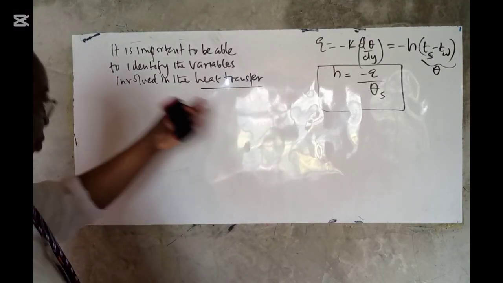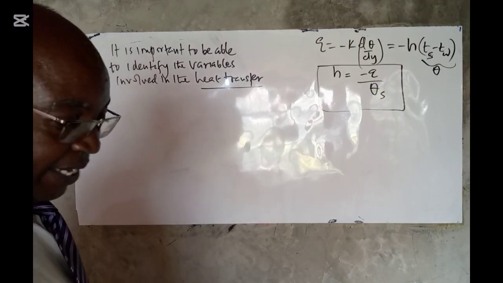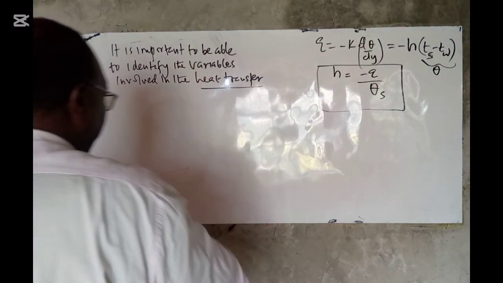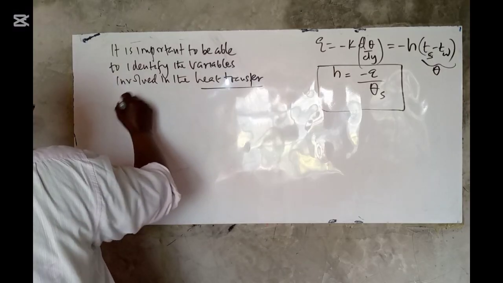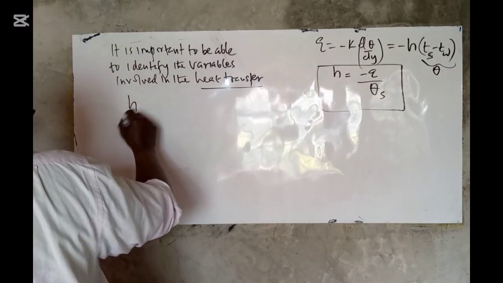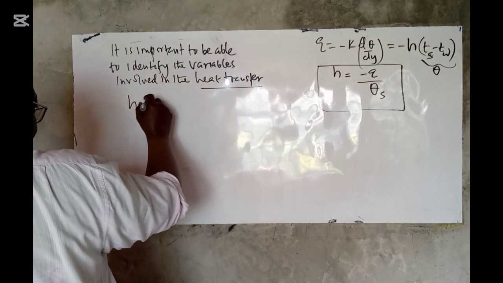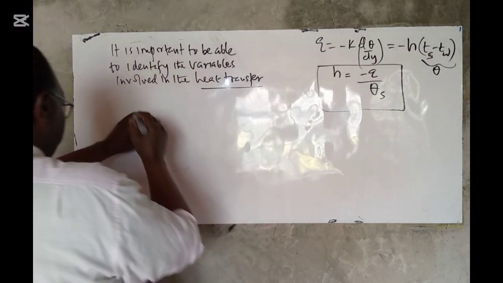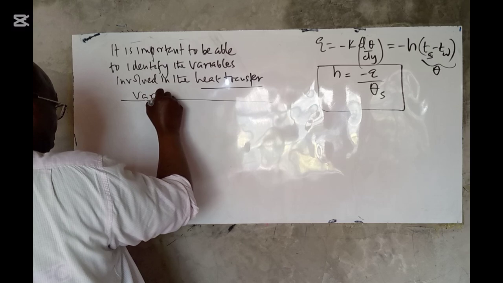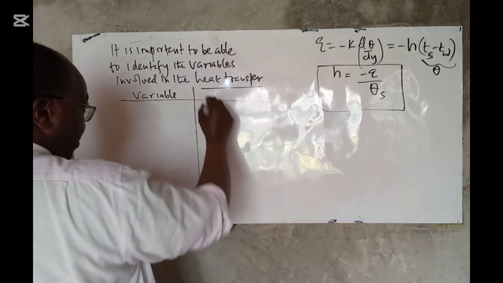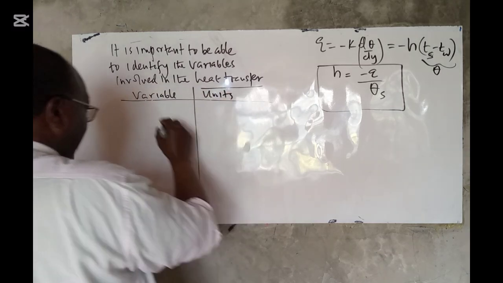We know some of those fundamental variables which are involved in heat transfer. We can say straight away we have H there, that is the heat transfer coefficient. Let me put the variable, and let me put its units.